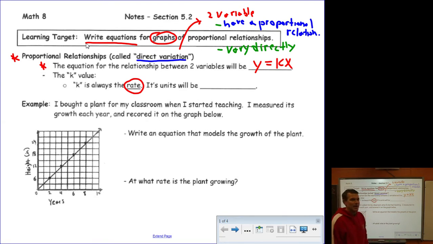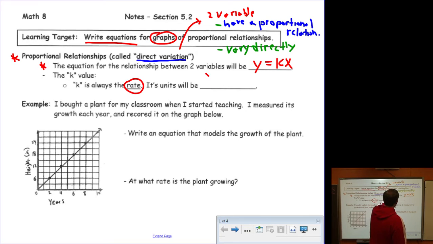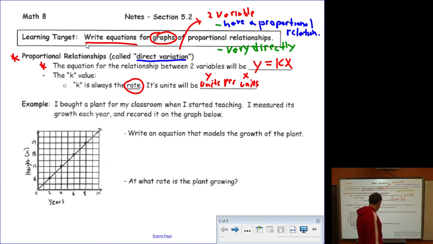Like miles per hour, inches per year. Its units will always be the y units per the x units. So if you know the units of the two quantities you're measuring, then you know the rate as k.